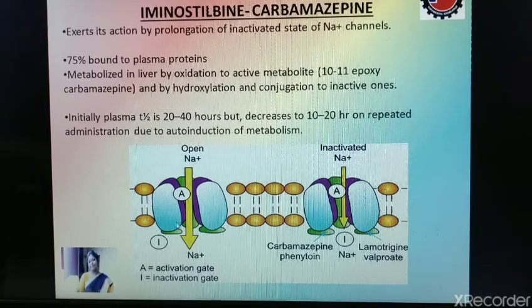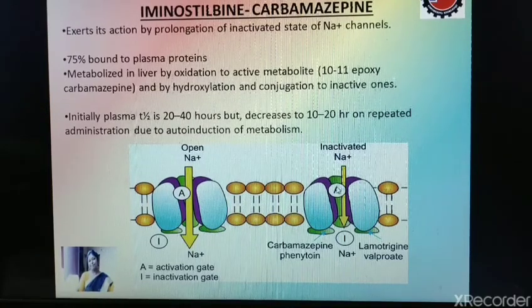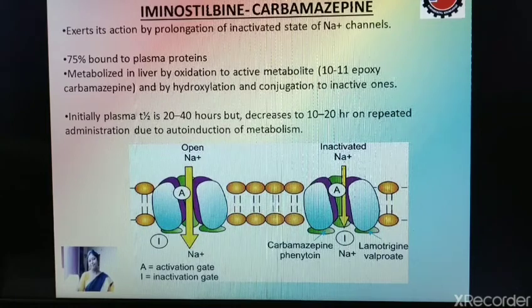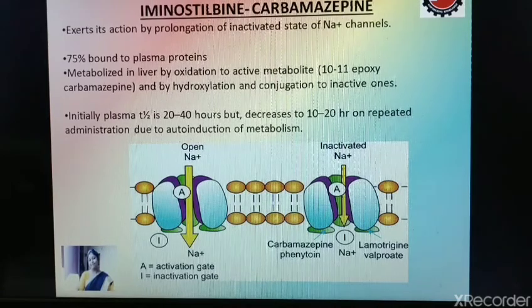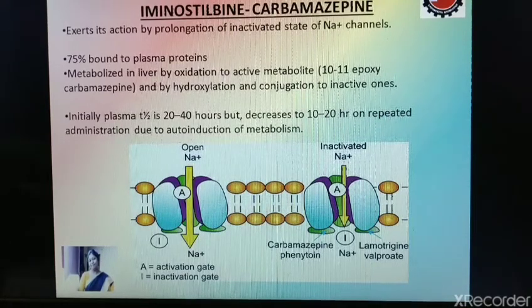All these exert their action by prolongation of the inactivated state of sodium channels, so that sodium cannot enter the cells and thus the cells do not get depolarized frequently. Another important feature of these drugs is that they can block only the higher frequency discharges without interfering with the low frequency firing of neurons in the normal state.